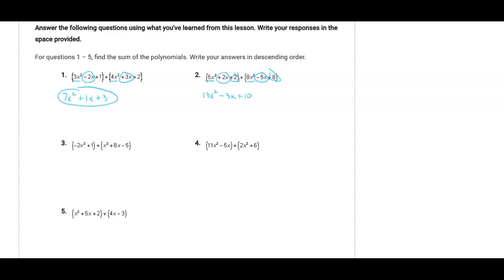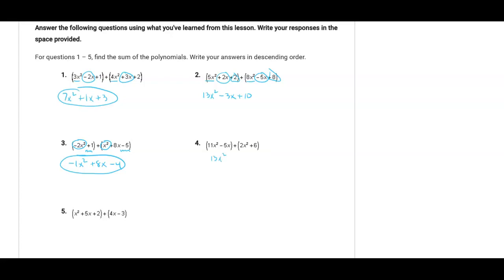All right, the next one, negative 2x squared plus x squared. That's the same as negative 2 plus 1, which would be negative 1x squared. Then plus 8x, and then 1 minus 5 would be minus 4. And we are done. Okay. Next, 11x squared plus 2x squared would give me 13x squared.